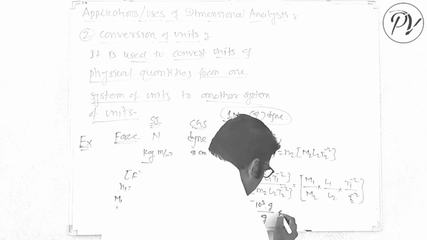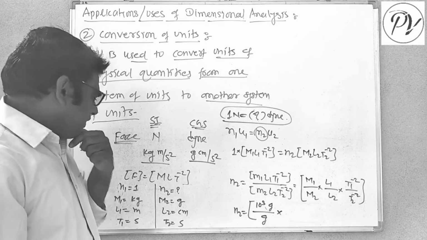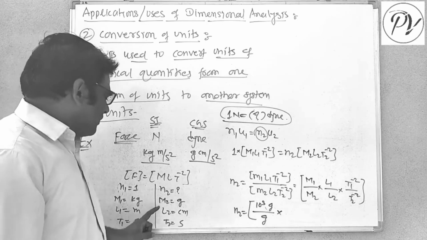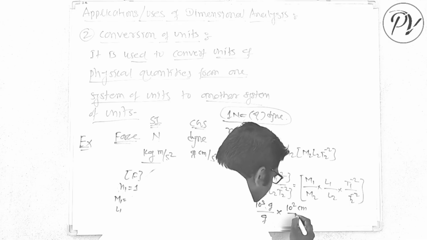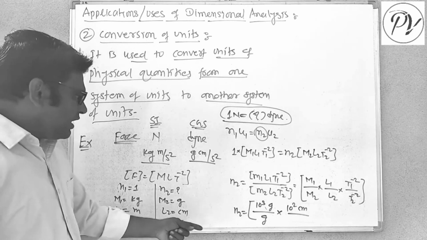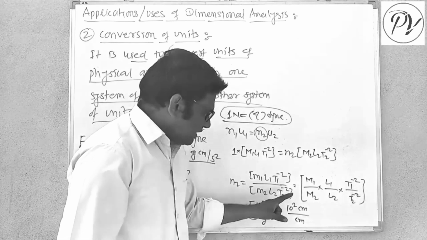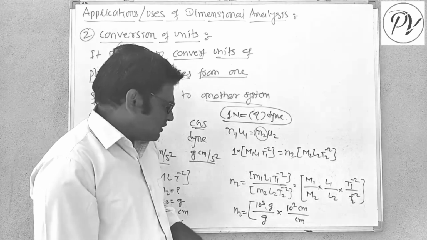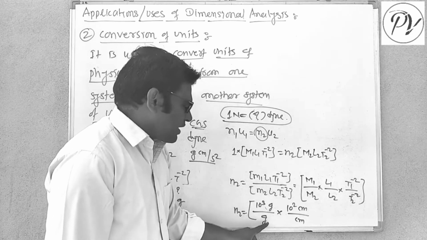Okay. Into L1. L1 is what? Meter. How can meter be written in centimeter? 10 raised to 2 centimeter. And L2 is what? Centimeter. M1 is kg, kg means 10 raised to 3 gram. And this we are not converting, we are writing as it is.